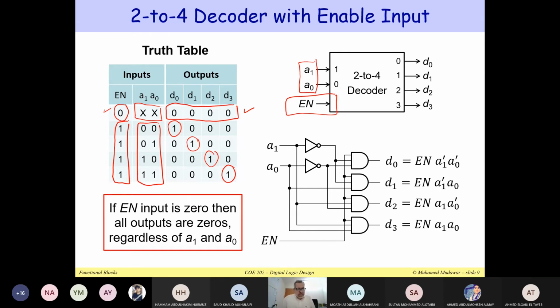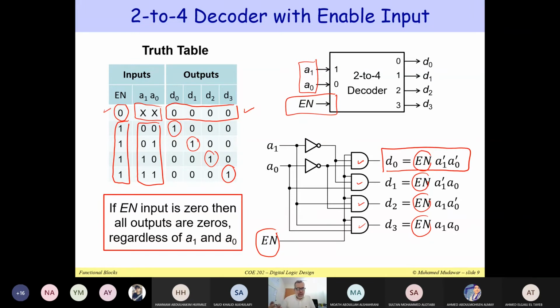Now, how do we implement a decoder that has an enable input? That will be simple. Rather than using, let us say, 2 input AND gates, we use 3 input AND gates, and we connect the enable input to the AND gates. So enable is now part of the equation. If enable equals 0, you get all of them zeros because enable is part of the equation.